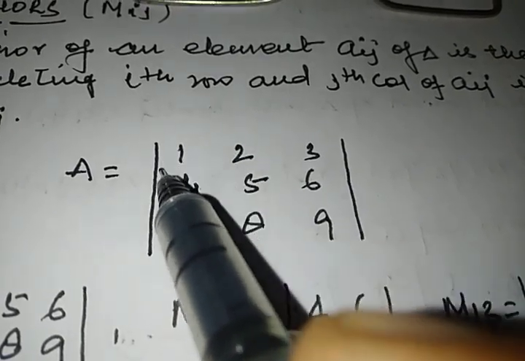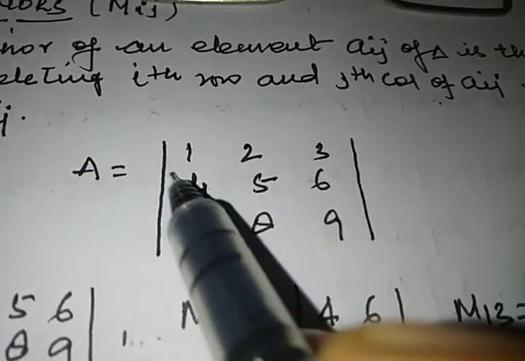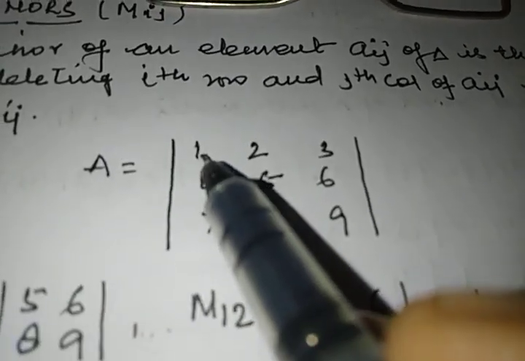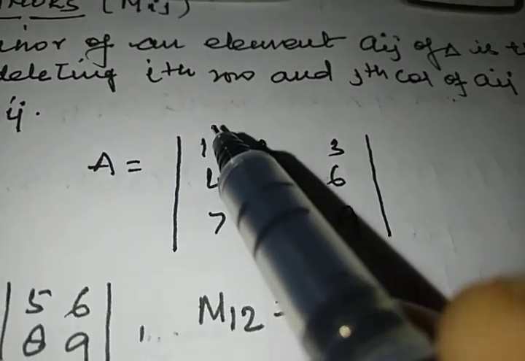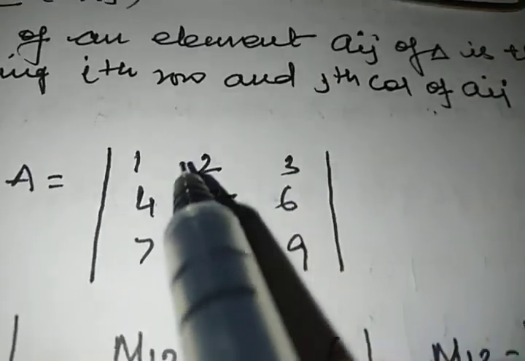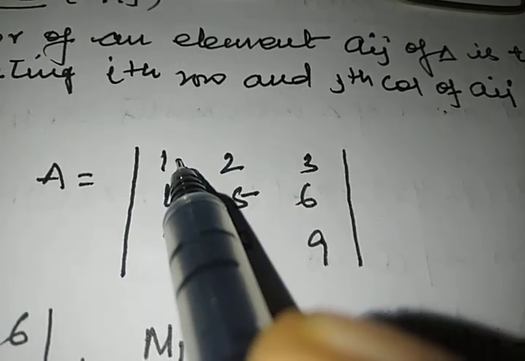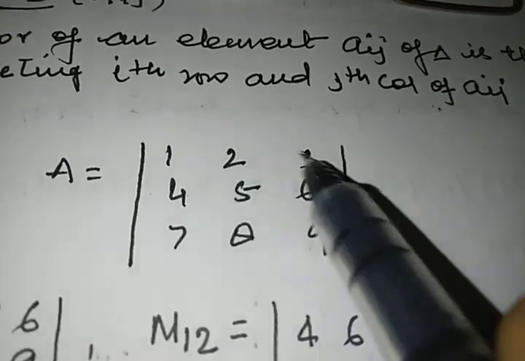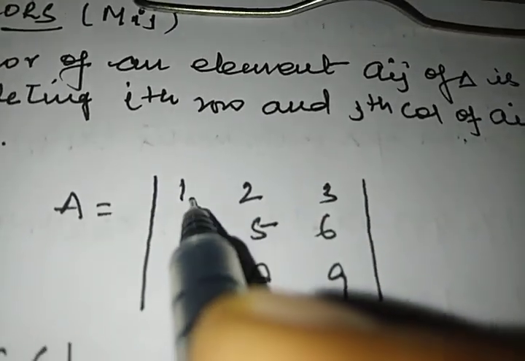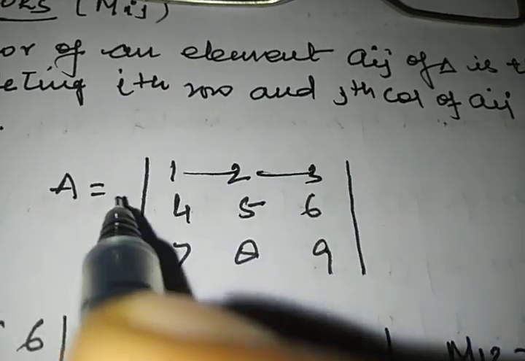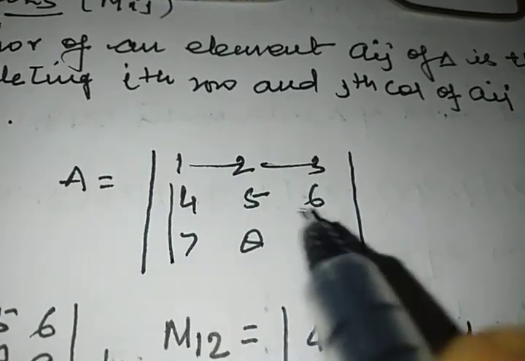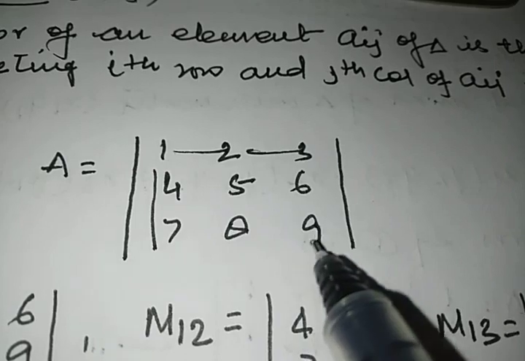So M11 means minor of 1. What you have to do is just delete this row and delete this column. So the determinant you are left with is the minor of 1, that is M11.